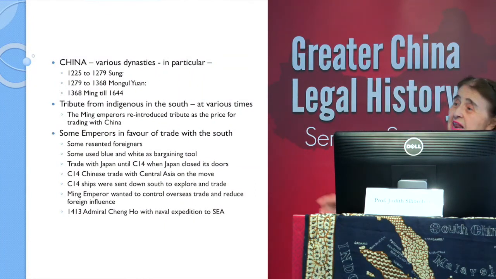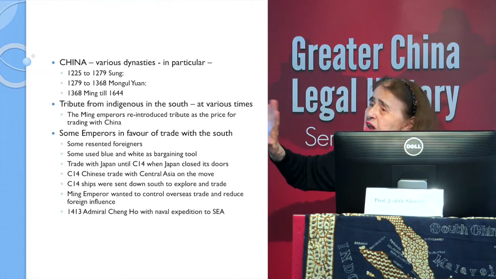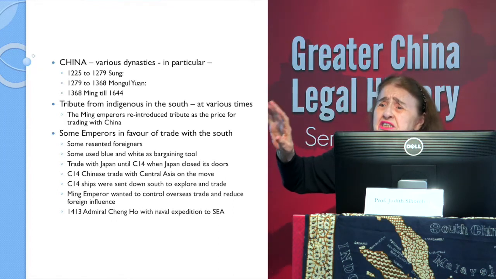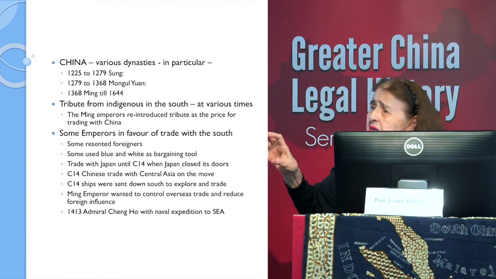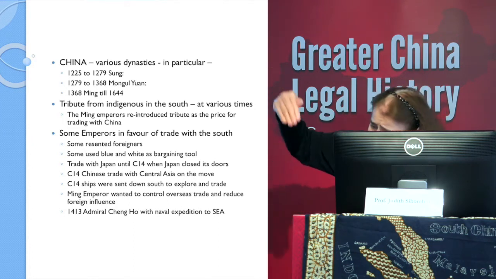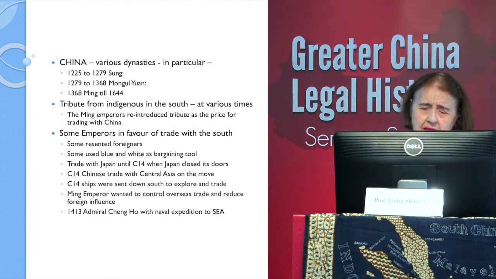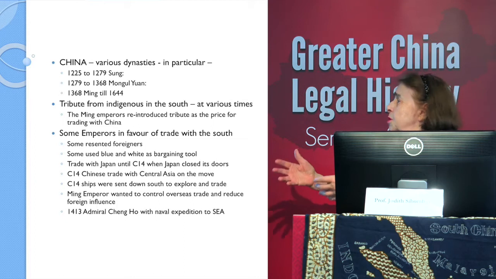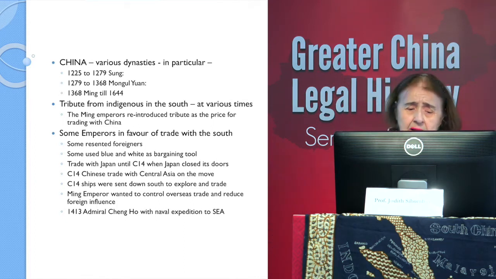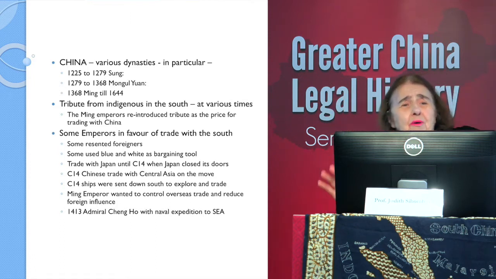All right. And then in the 14th century, after having 6 or 7 centuries of contact, the Ming Dynasty sent ships down to explore, to find out what was going on. Who were they? What were they doing? Was there an advantage? And he wanted to control overseas trade, that is, merchants from China going down, and to reduce foreign influence. We hear that throughout the dynasties.